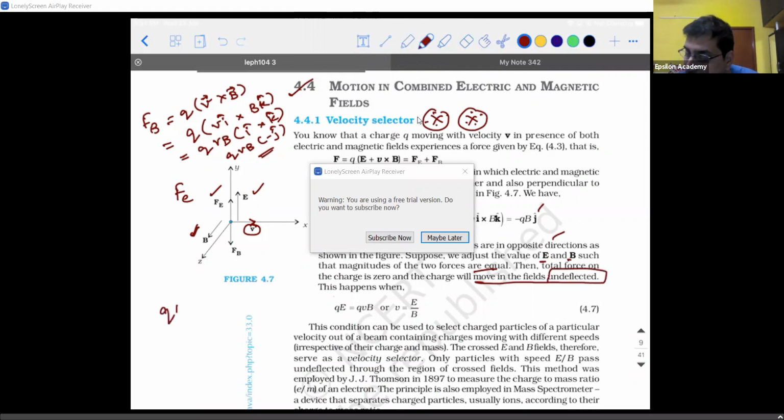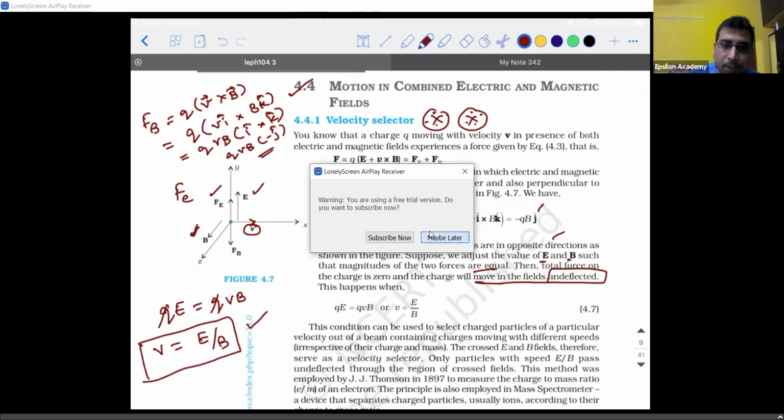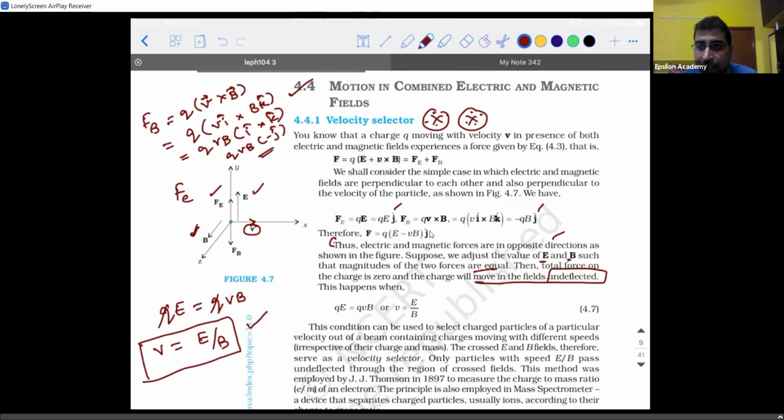So in that scenario, can I write QE is equal to Q into V into B? Q and Q will get cancelled. V will be equal to E divided by B. Means if you have crossed electric and magnetic fields, then you need to project a particle perpendicular to the direction of both the fields with a velocity equal to E divided by B.